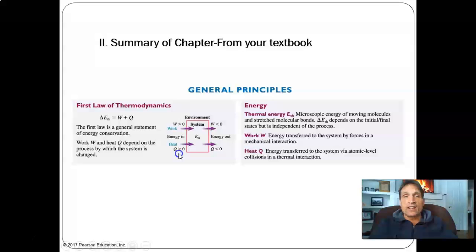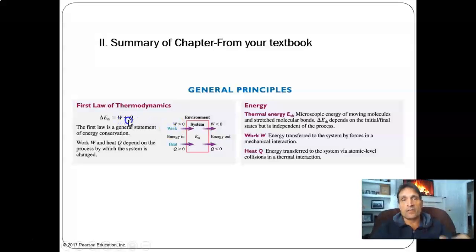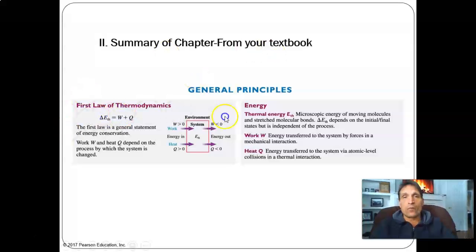If heat is added to the system, Q is a positive number. If heat is removed from the system, Q is a negative number. Okay, so these sign conventions are important. The sum of the work, both work done on a body, mechanical work, and heat added due to temperature differences, they both can raise the thermal energy of the body.